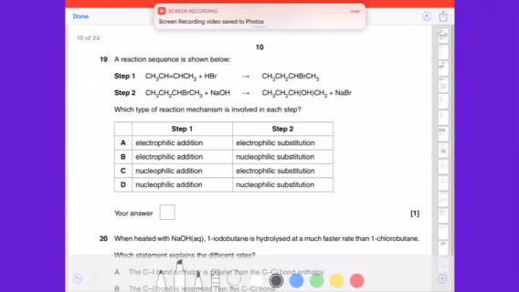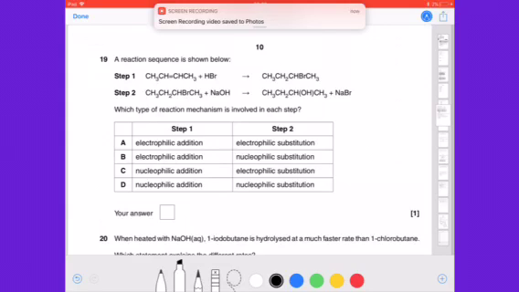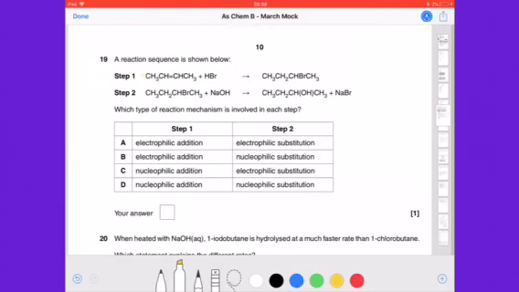For question 19, you have to understand your mechanisms. The first thing is you need to identify that this reaction is an alkene reacting. Alkenes only ever react by electrophilic addition, and therefore you can narrow down your answer to either A or B. The next thing is that your second reaction is the reaction of a haloalkane to form an alcohol.